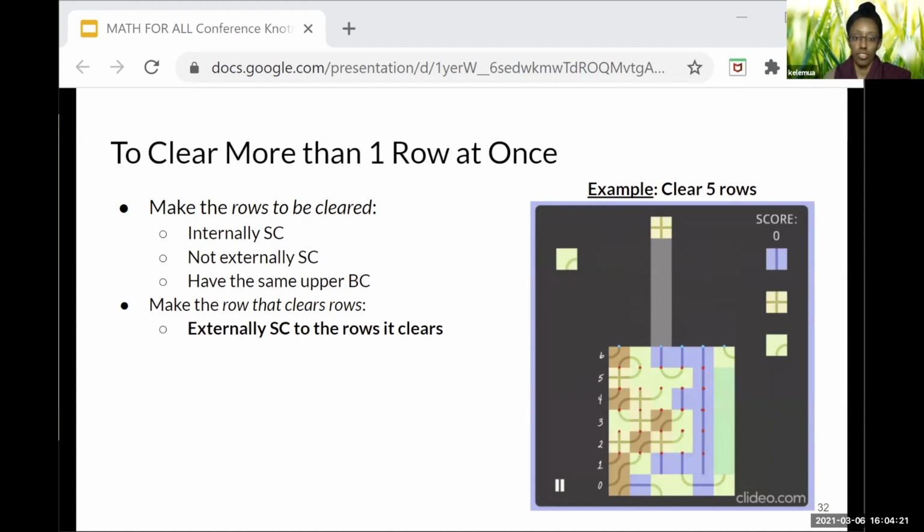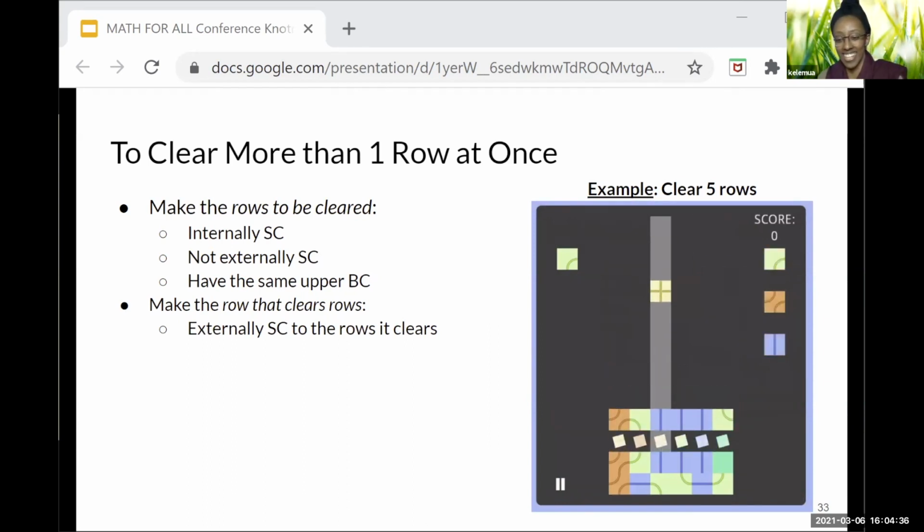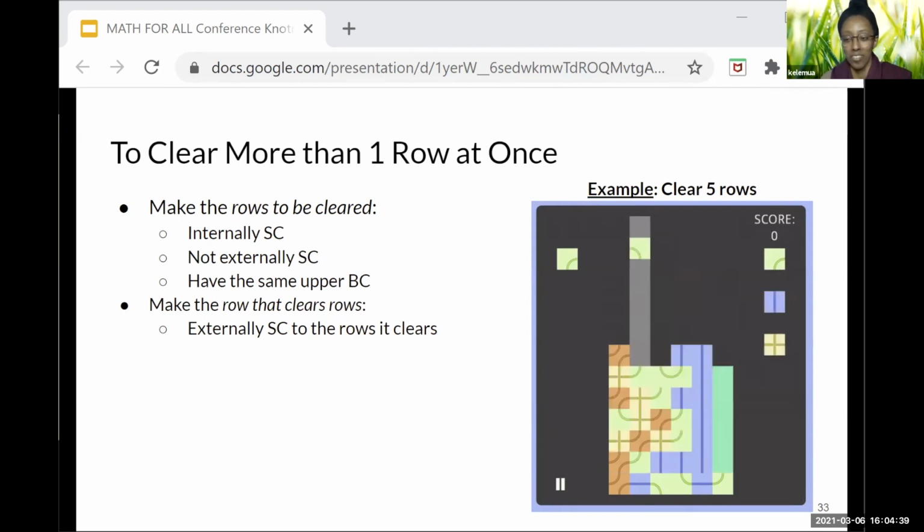So we'll want the upper boundary condition we've been using to assemble these rows to be the lower boundary condition of the row that will catalyze the clearing. And the GIF on the right just shows, it's just satisfying to look at for me, what it looks like when multiple rows are being cleared.